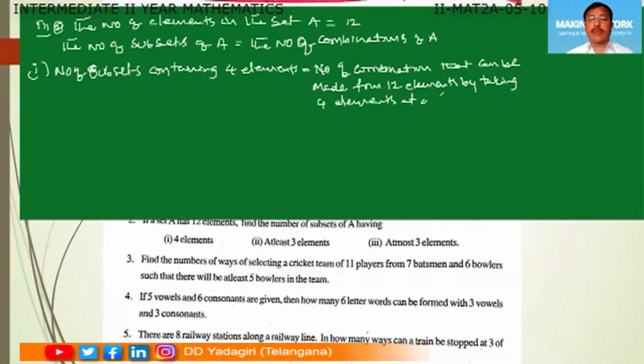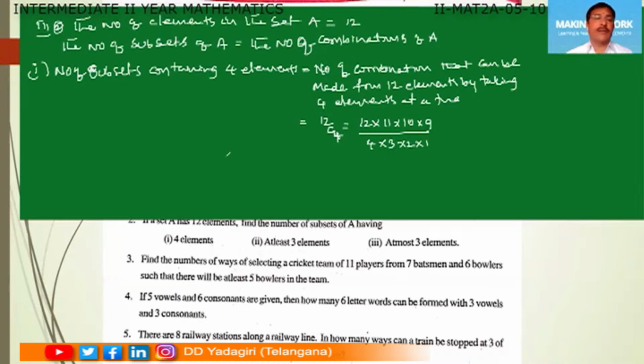So that is equal to 12C4, which is 12 into 11 into 10 into 9 by 4 into 3 into 2 into 1.